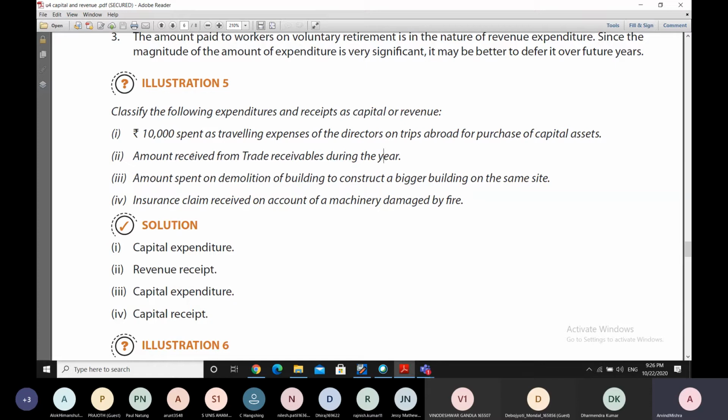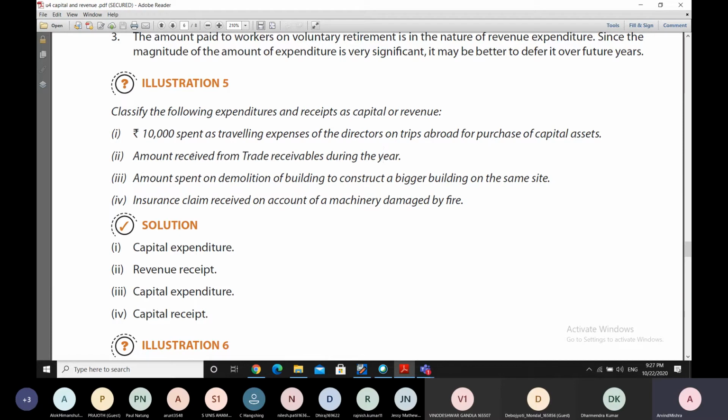A machinery whose value is now maybe 0 or 10 can be, the value has to be raised by using the insurance claim money. And therefore the amount which is being received as insurance claim is being received to restore the asset of which the value has been reduced to nothing almost by fire.